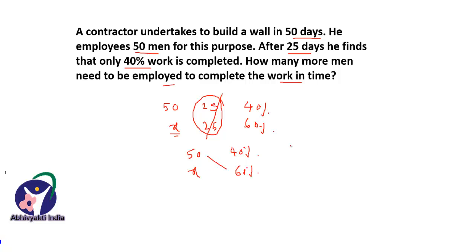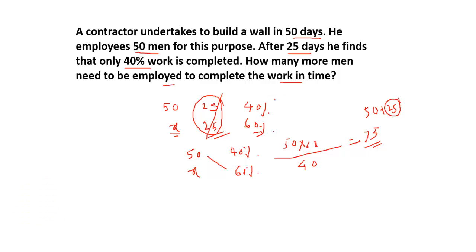We multiply 50 by 60 divided by 40, and that will be equal to 75. 75 workers will be needed to finish 60% of work in the remaining 25 days. 50 workers are already there, so only 25 workers will be needed to be employed to finish the 60% of the work.